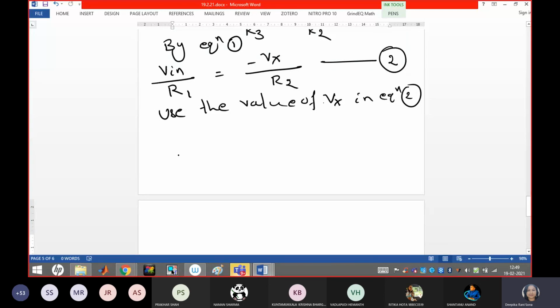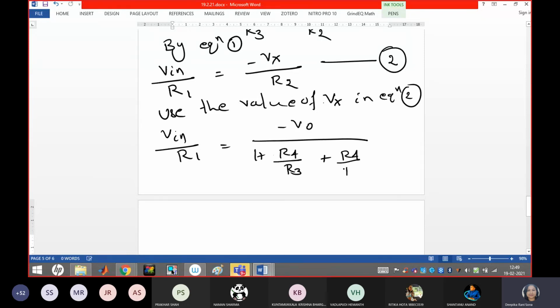So Vx value was unknown, now Vx value is also known. So if you write Vin by R1, which is equal to minus of V0 into 1 plus R4 by R3 plus R4 by R2 whole into again this R2 term.